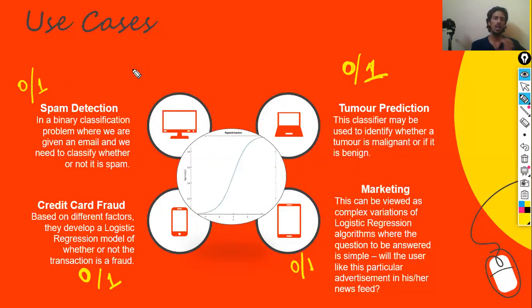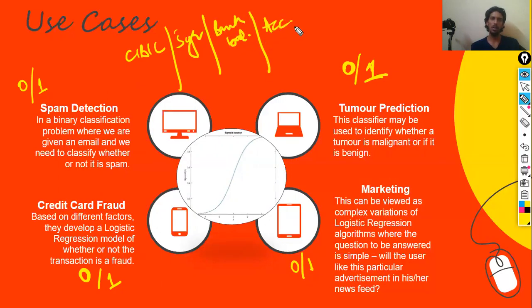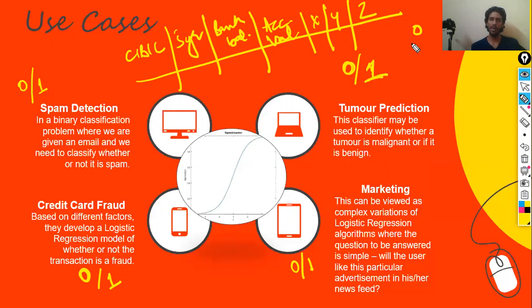Now let's consider a small example. We'll consider one of these case studies, credit card fraud. I would be checking his CIBIL score, his 5 years history, his bank balance, his account value, or I don't know, I would be checking X, Y, and Z. Based on all of these parameters, if the value is 0, he's a fraudulent customer, and if it is 1, he's a good customer.